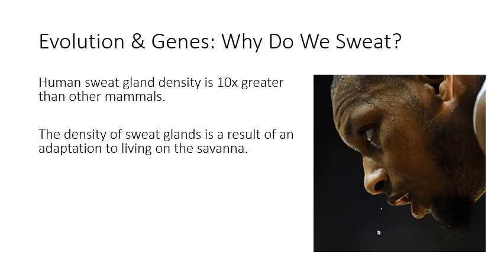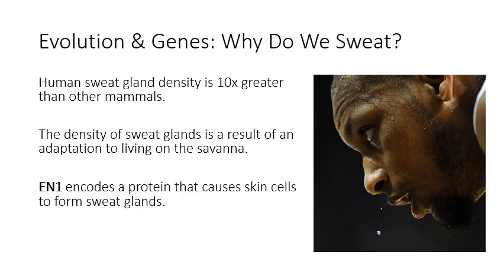So changes like density in sweat glands, that's going to help the body cool. Now, there's a particular gene, and like I said, this isn't going to be tested, but we have something that's referred to as EN1, and it codes for a protein that causes our skin cells to form sweat glands.